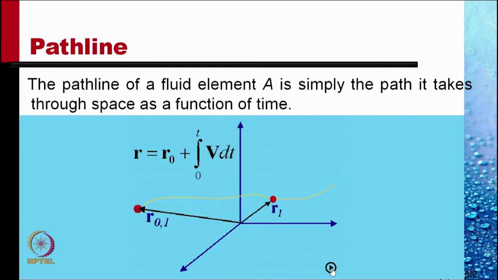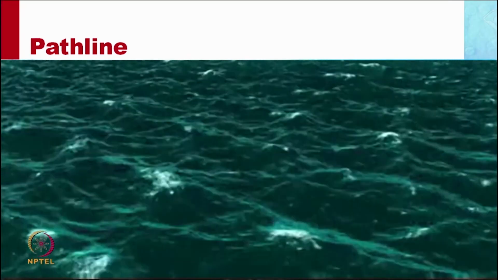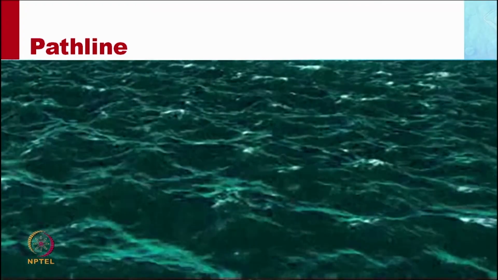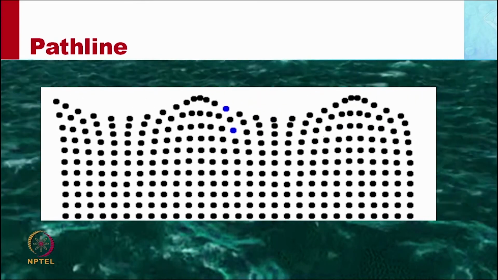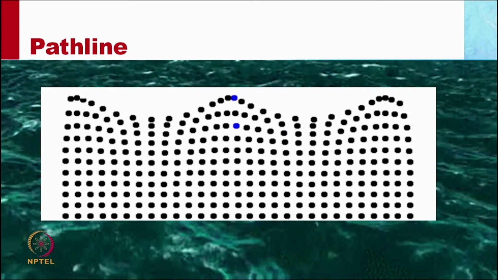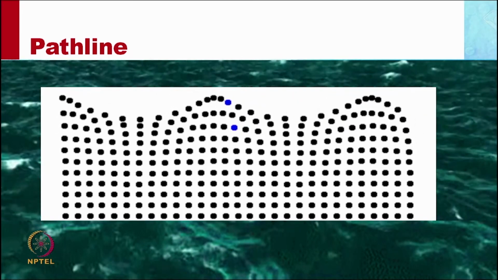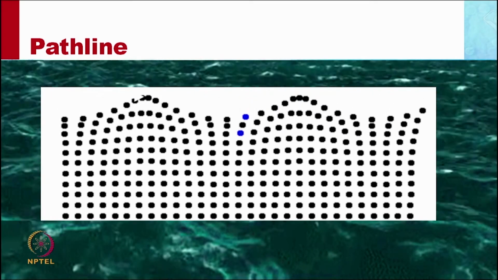We have a number of particles, so we have a number of paths, one for each particle. In this picture, we are showing the waves in the ocean. How are the particles moving? On the top, you can see the wave motion. But we have marked a few particles with black dots, and we can see their motion is strange.